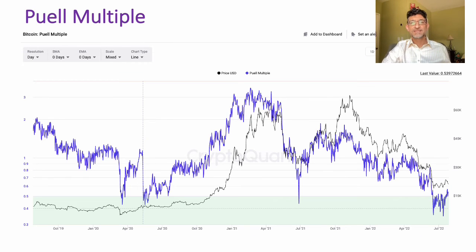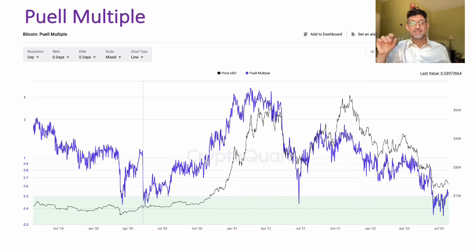And here's another example of mining difficulty. This is called the Puell Multiple, created by, of course, David Puell. And what he looks at is the daily coin issuance divided by the moving average of daily coin issuance over the last year.